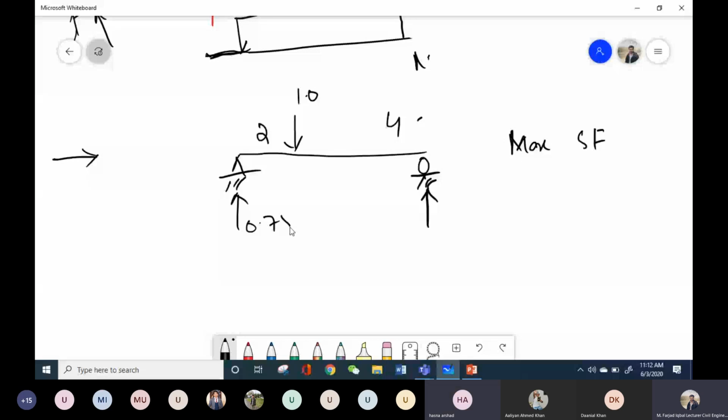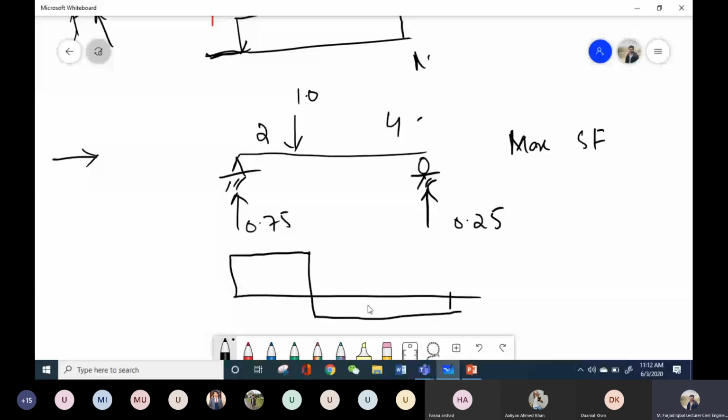This will be 0.25. So this is 0.75. It will come over here. This will be 0.25. So maximum shear force is not at the center. It is somewhere else. So anyone else?